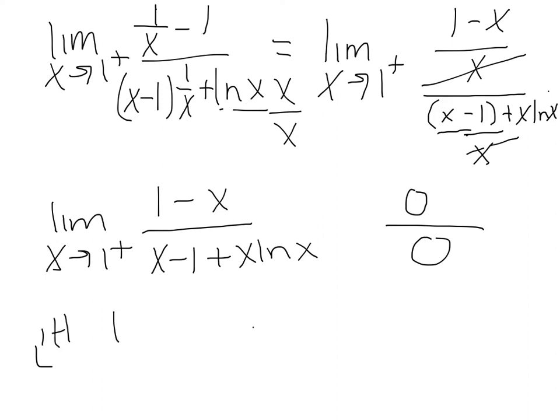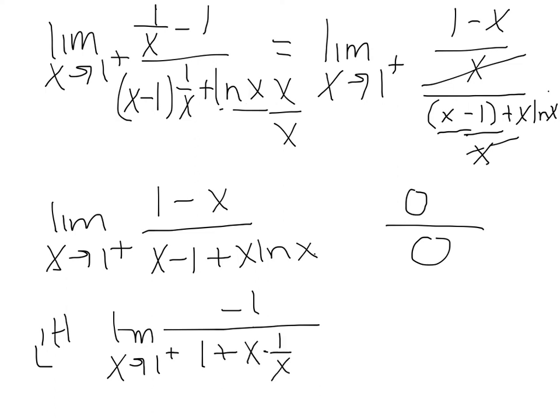And we would have the limit as x goes to 1 from the right of -1 over 1, the derivative of x, the derivative of -1 is 0, so plus, then for x natural log of x, we need to do the product rule. So we'll leave x alone, multiplied by the derivative of natural log of x, which is 1 over x, plus, now we will take the derivative of x, which is 1, times natural log of x.